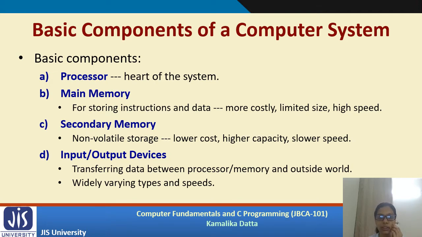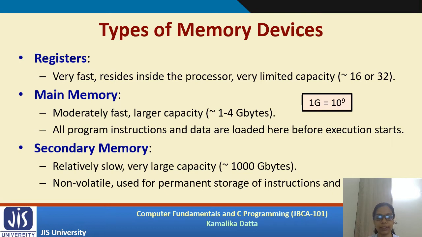Let us move on to the types of memory devices. The lowest level of memory devices that we have is registers. I don't think I'll be discussing them in detail in this lecture, but there are various registers that are used when you read computer architecture, which is called program counter, memory address register, memory data register.